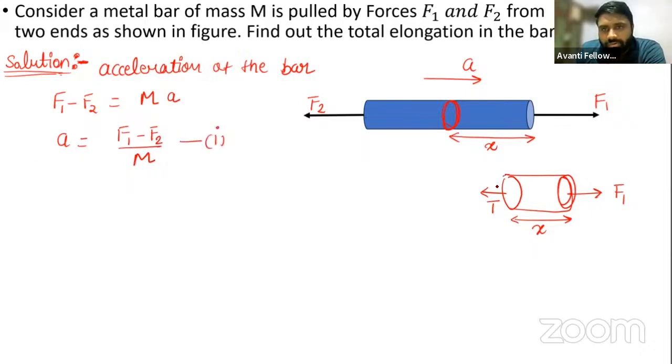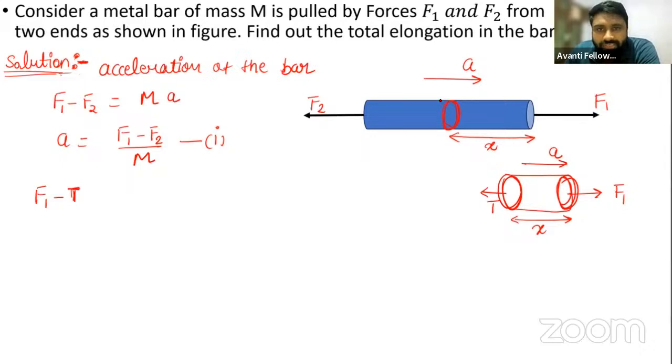Now, if I talk about this part, it is also accelerating with the same acceleration, since it is part of the same bar. If I apply Newton's law for this, it will result in F1 minus T. Why am I finding out the tension?